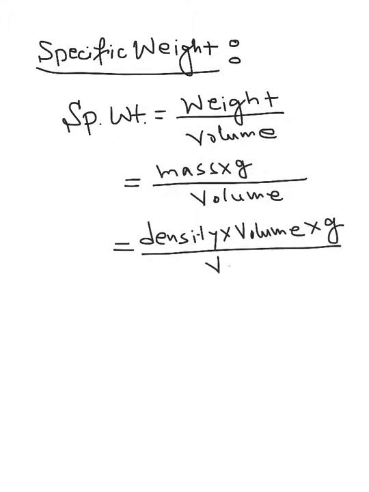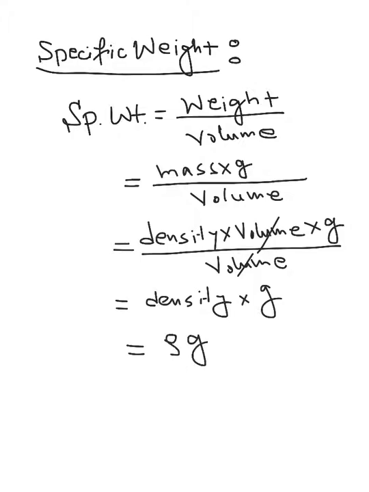So in this regard we can cancel the volume, and the specific weight will be density multiplied by gravity, which is represented in symbolic form as gamma equal to rho g. So that is the definition. Here make sure that gamma is utilized to indicate the specific weight.